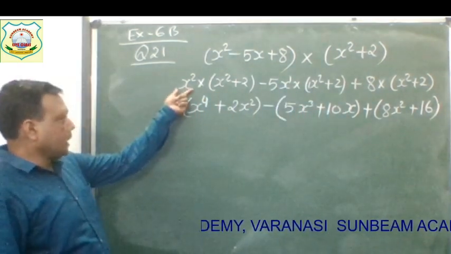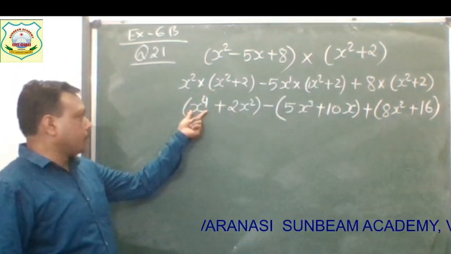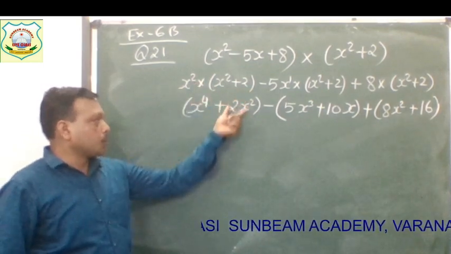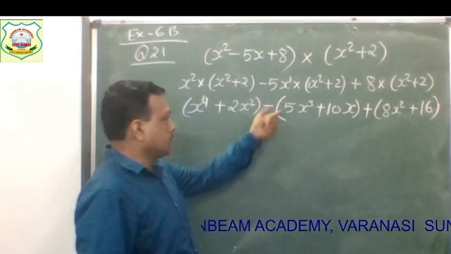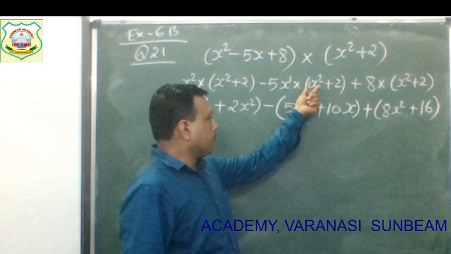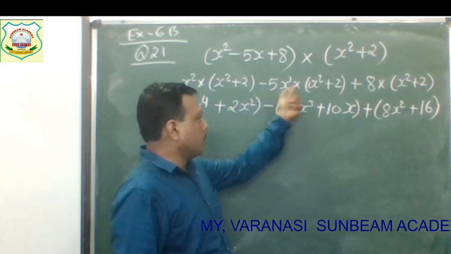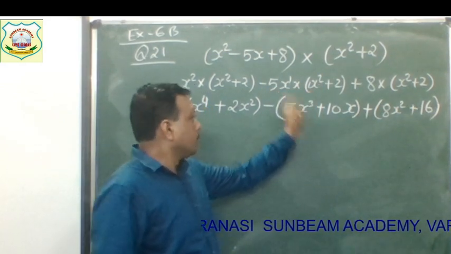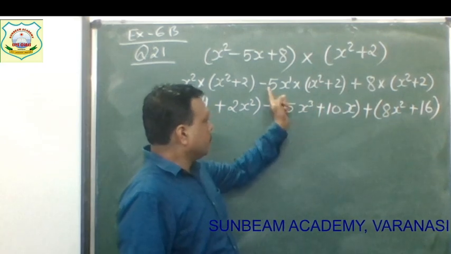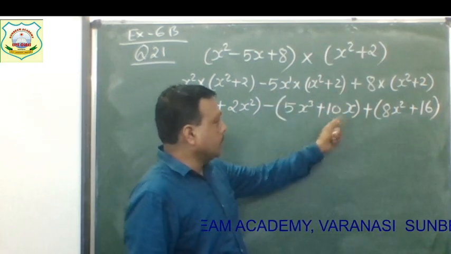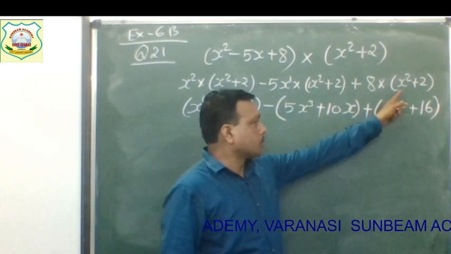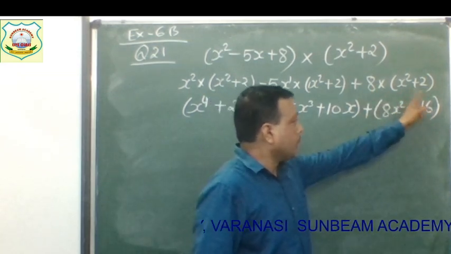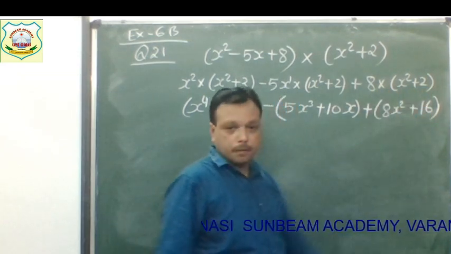Again I am telling, x square into x square, x power 4, x square into 2, 2x square, minus 5x power 1, then 5 into 1, that is 5, x power 1 into x square, x cube, plus 5x into 2, then 10x, 8 into x square and 8 into 2, that is 16.